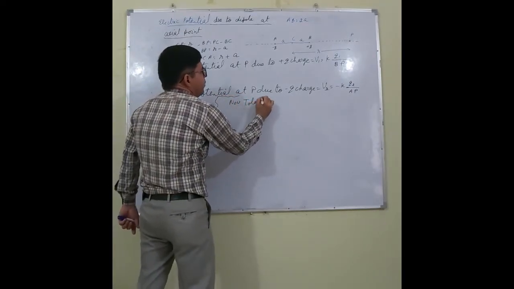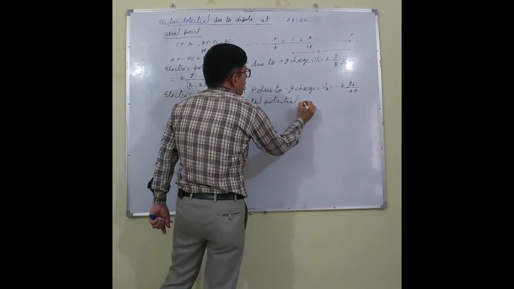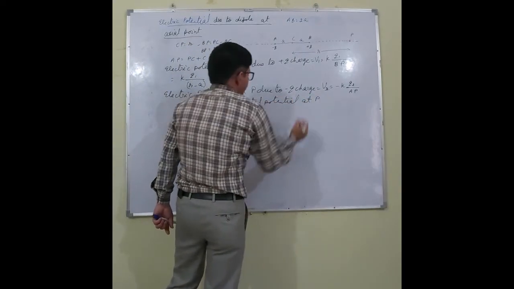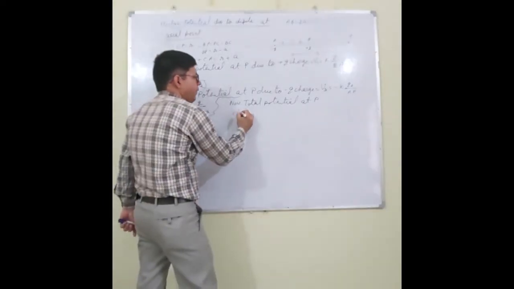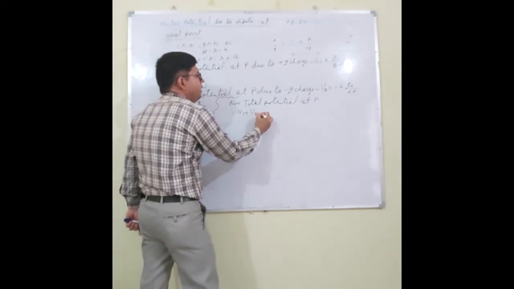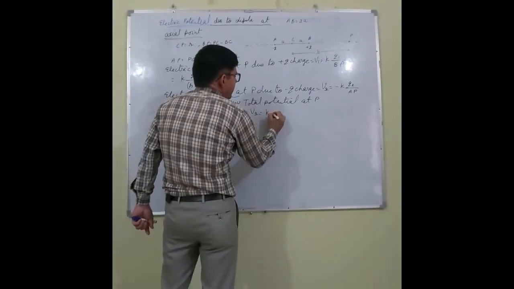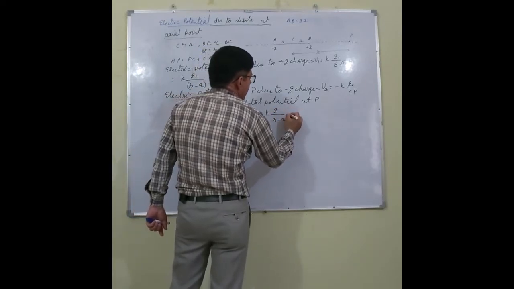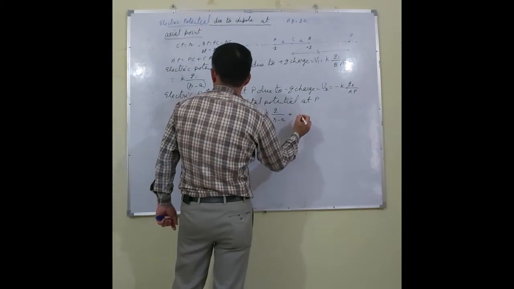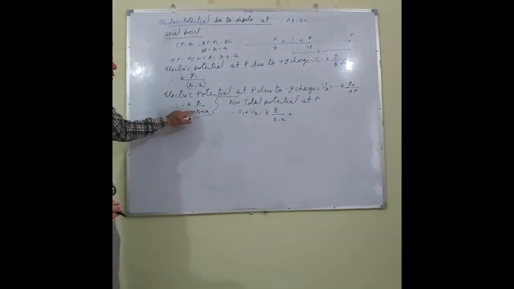Now, total potential at P will be V1 plus V2. And what is V1? Kq upon r minus a, plus minus Kq divided by r plus a.